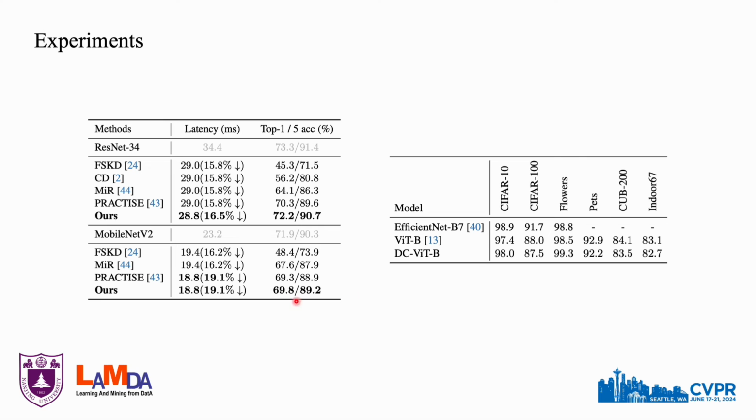Moreover, we further validate the efficiency of our approach by extending it to CNN architectures and benchmark its performance against several few-shot CNN pruning methods. We use ResNet-34 and MobileNetV2 as the backbone. As shown in this table, our method still outperforms previous methods by a significant margin.